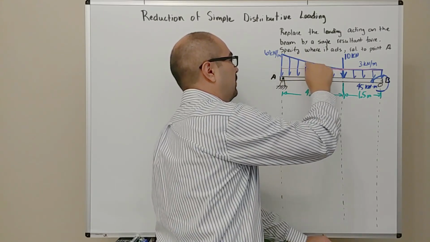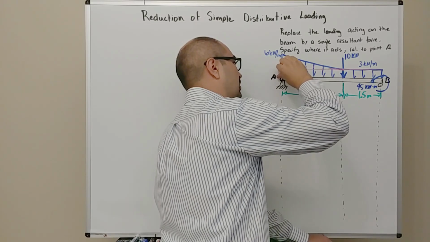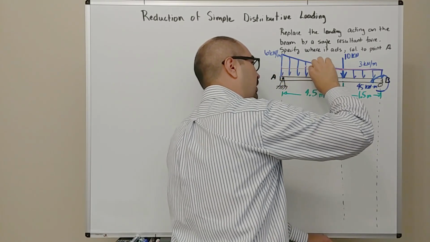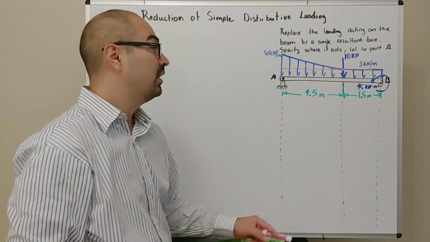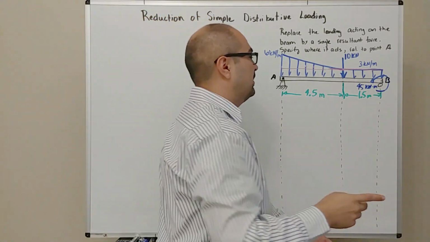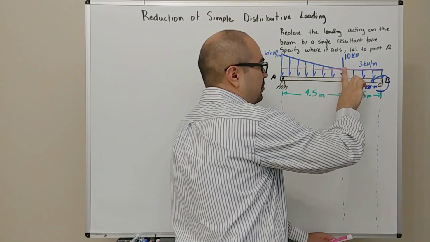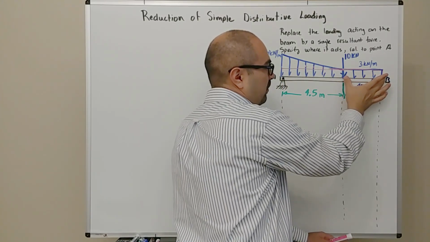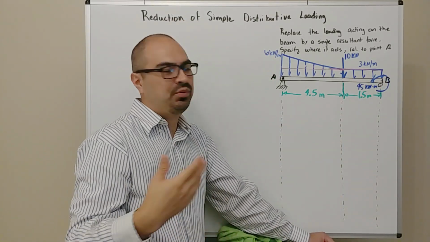This triangle up on top, and then a rectangular strip that goes from point A all the way through point B, right? Here, some people might be tempted to call this one the triangle, a rectangular strip to this point, and then this other rectangular strip. So dividing into three simple shapes. That would not change the answer.